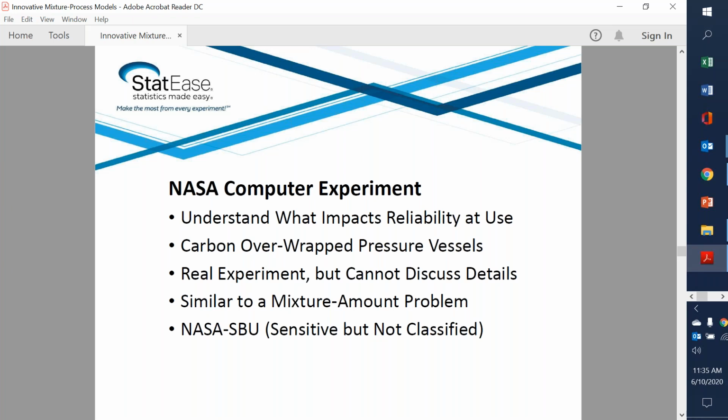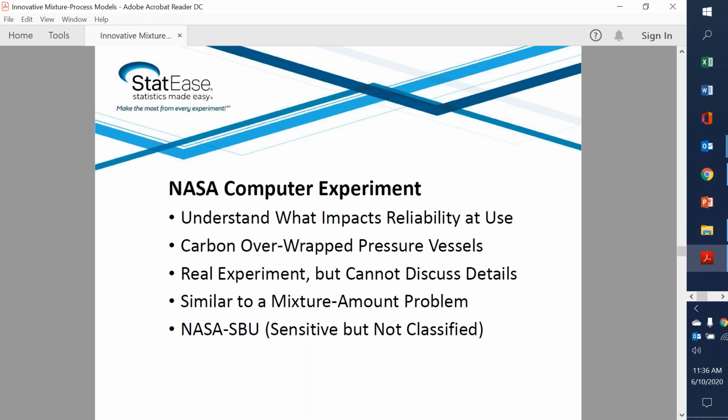So carbon is stronger than steel and lighter than steel. Also, it doesn't produce shrapnel the same way. So the dominant form of pressure vessels on spacecraft are carbon overwrapped pressure vessels. NASA is very keen on the expected life of these pressure vessels over a mission.